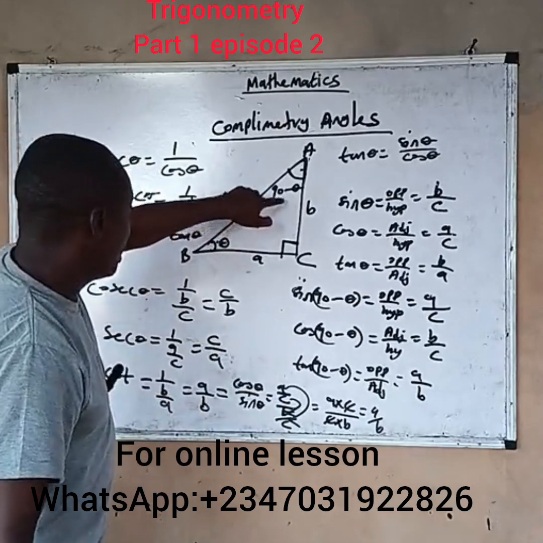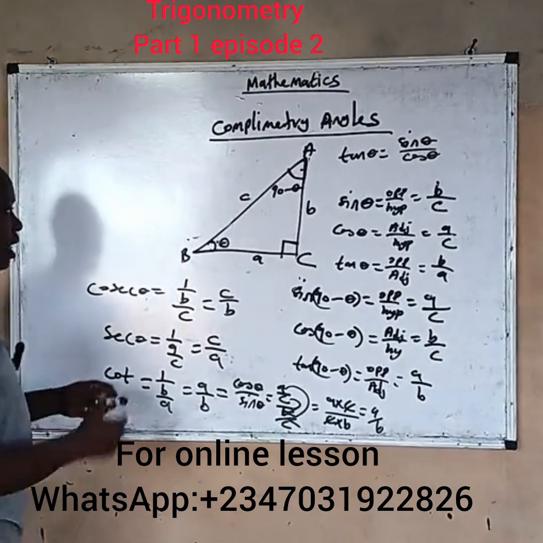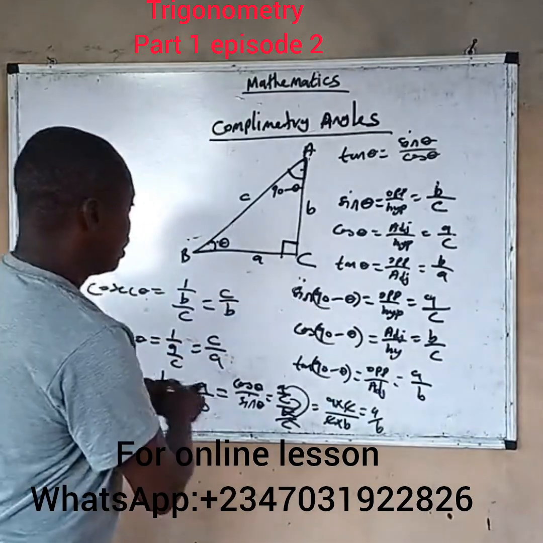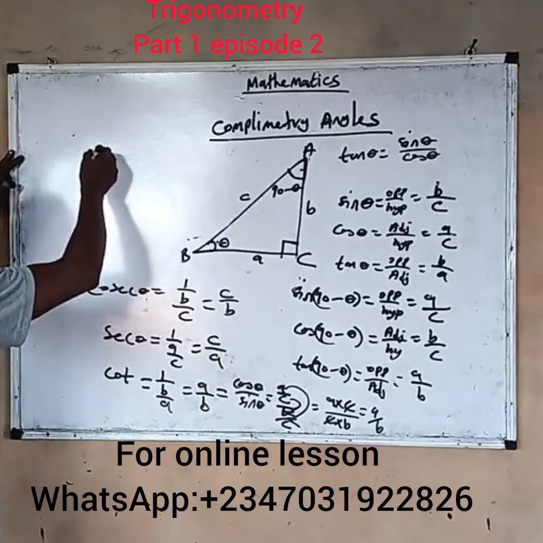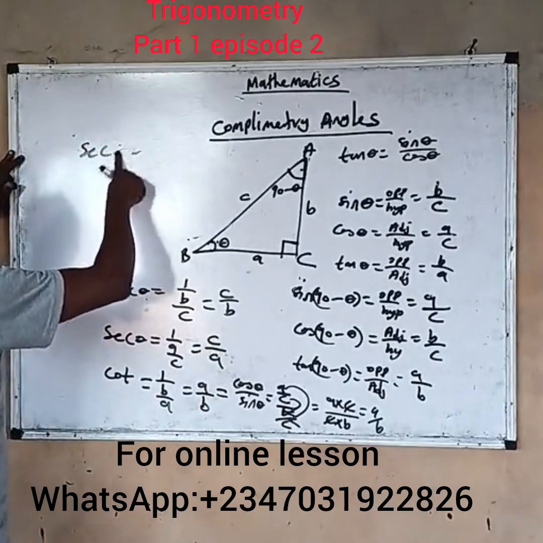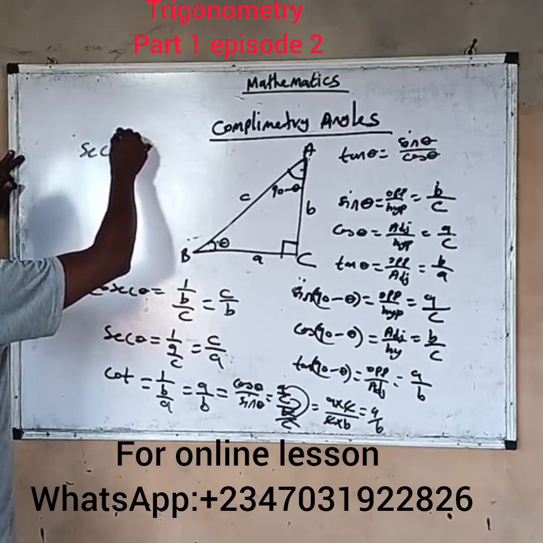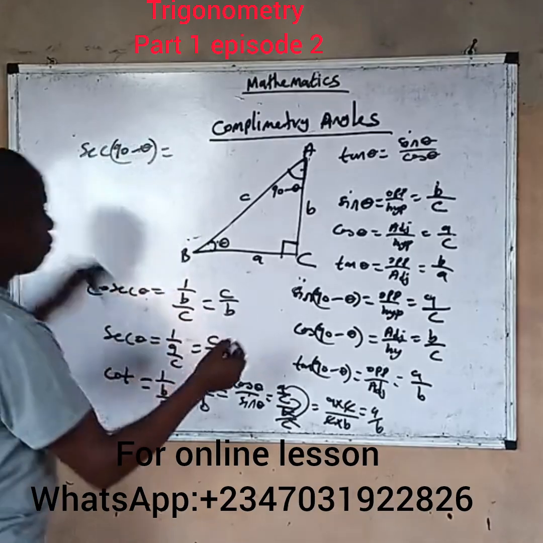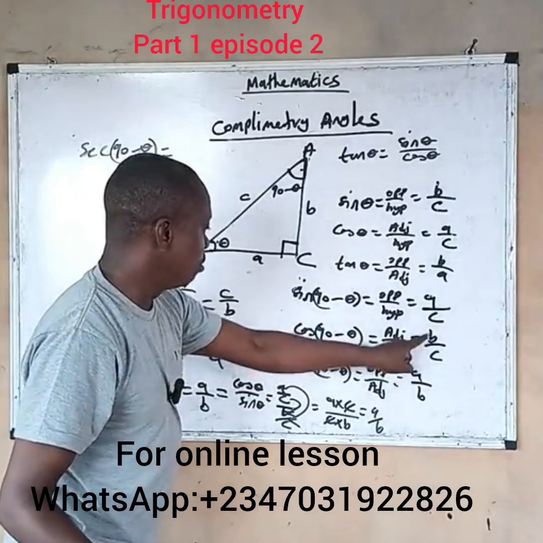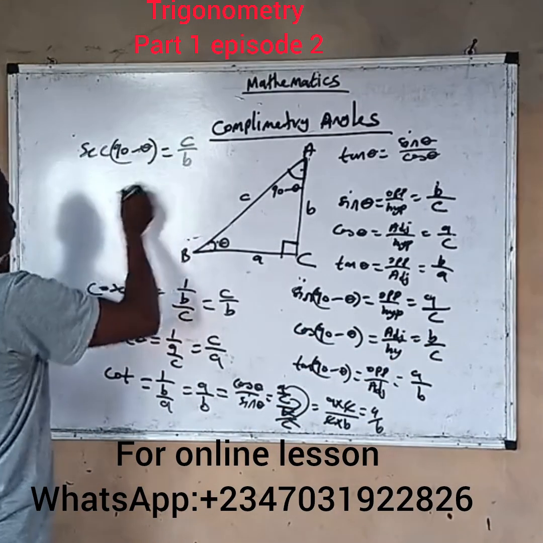Remember now that sec 90 minus theta is 1 over cos, which is b over c. 1 over b over c is c over b.